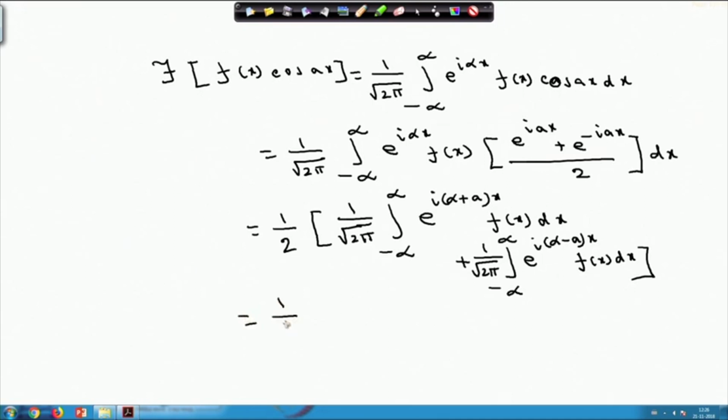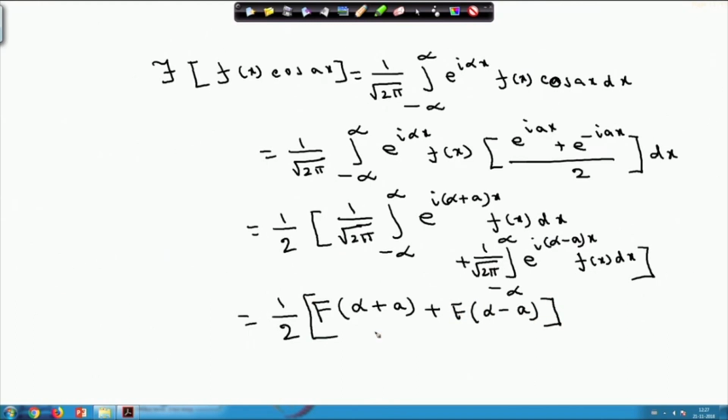Now, you see the first integral is nothing but f x into e power i into alpha plus a x. So, alpha has been replaced by alpha plus a. So, the first integral will be the Fourier transform of the function f, that is capital F of alpha plus a. Similarly, the second term is the Fourier transform at alpha minus a.